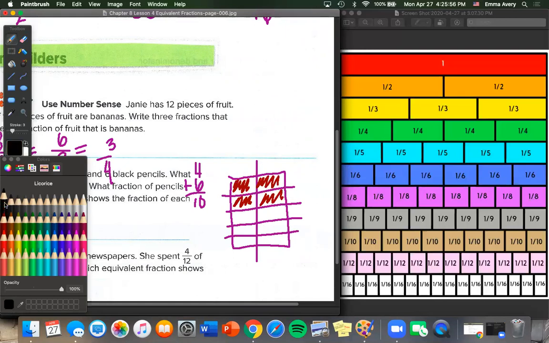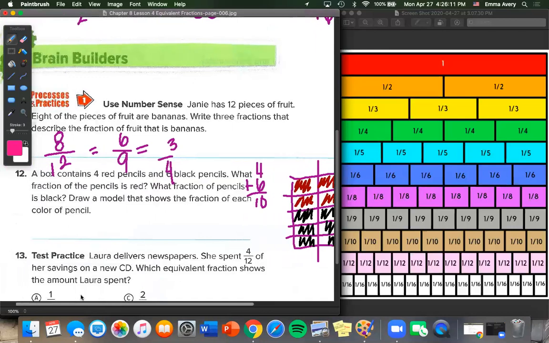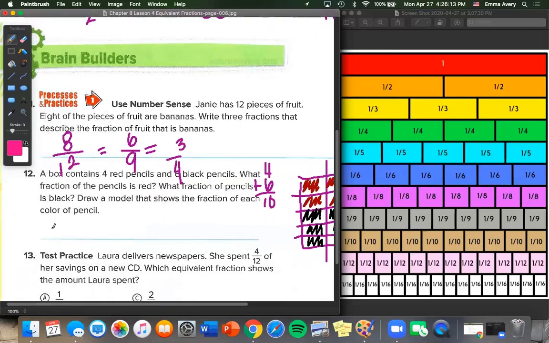And then 6 black pencils. 1, 2, 3, 4, 5, 6. Okay, so that's our model. And we can also see that 4 over 10 are red and 6 over 10 are black.